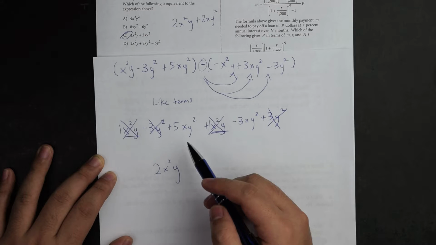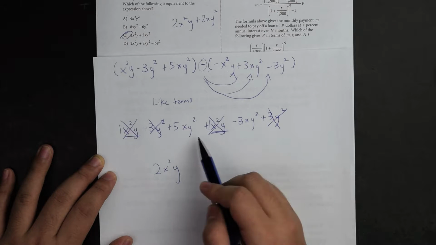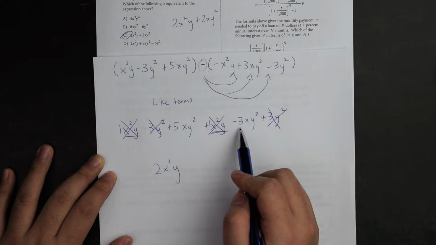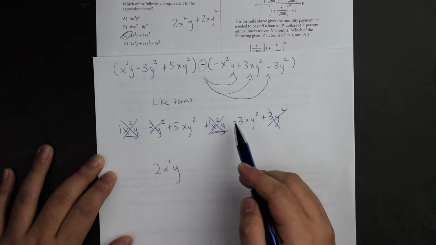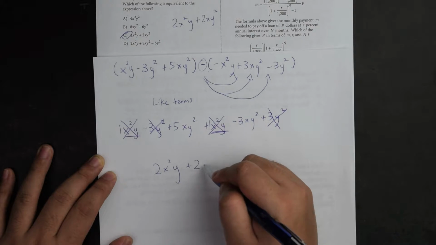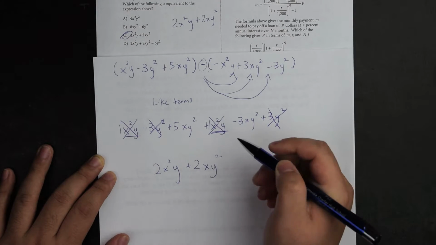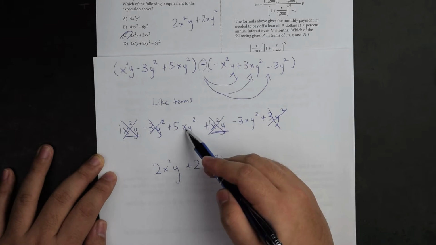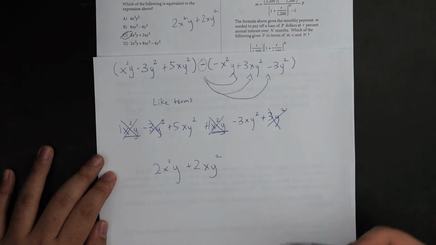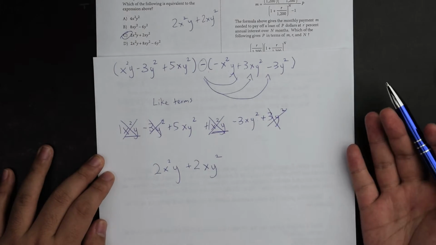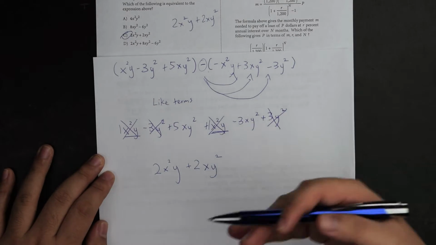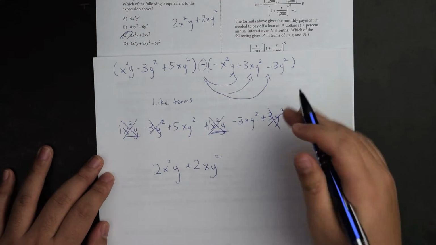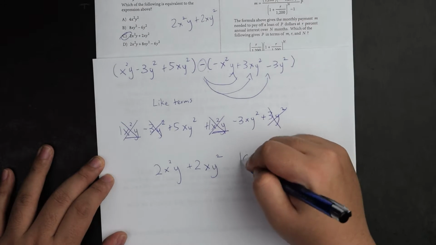And in the end, when I'm working with the 5xy squared and the negative 3y squared, I know that 5 minus 3 is 2. So I'm going to end up having 2x squared y plus 2xy squared, because these parts don't change when I'm doing addition or subtraction. If I'm doing multiplication or division, they would change, but that is not what the question is asking for. And so in the end, the answer for this question is C.